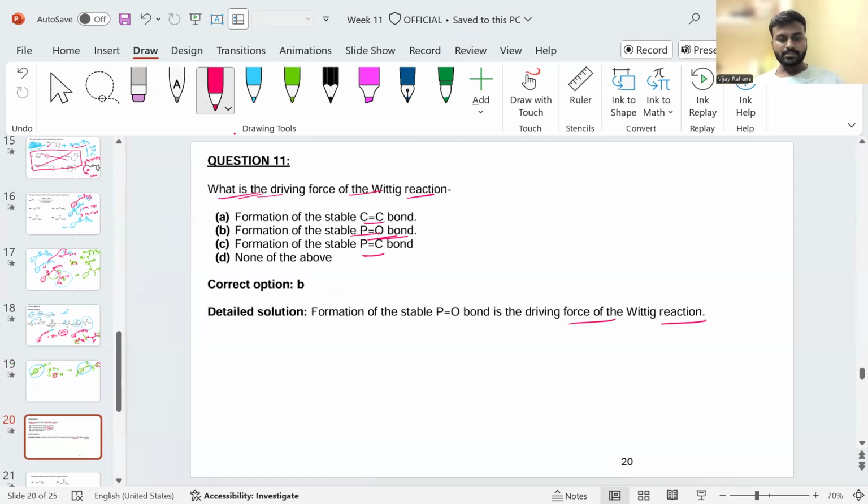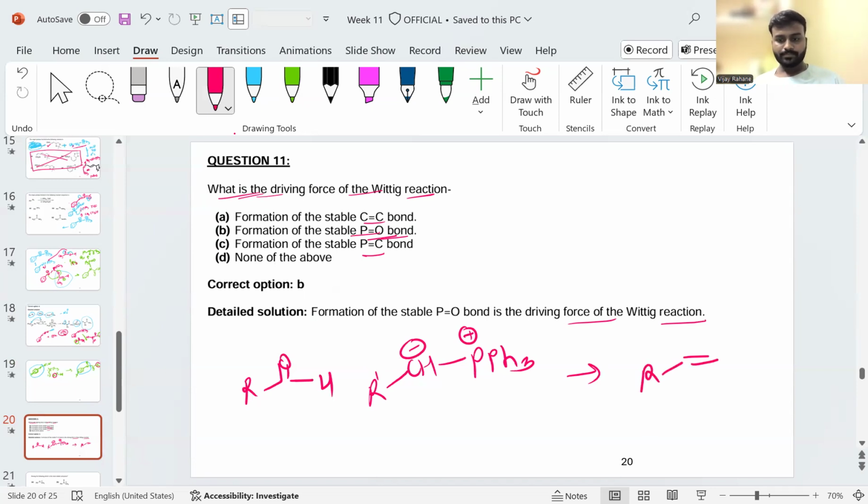If you look at the Wittig reaction mechanism, let's say we have the aldehyde, and we have the Wittig salt, R' CH PPh3. Sorry, this is the negative, and this is the positive. In the reaction, we get the R double bond R', whether it is cis or trans.